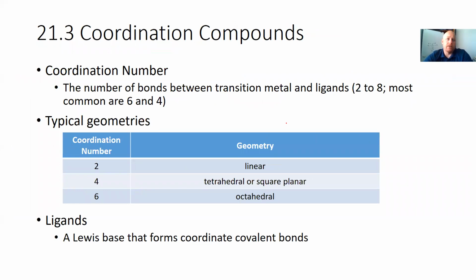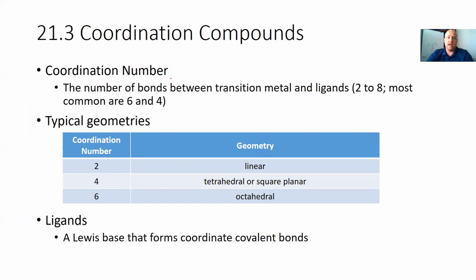Okay, coordination compounds. Now, largely we're going to stick with the first row of the transition metals, so period 4, which has the 3d electrons as the electrons that remain in those transition metals. And there are a couple things that we need to know. The first thing is what's called the coordination number.